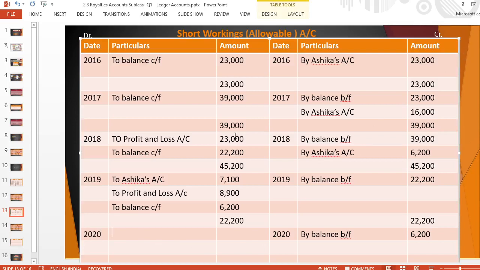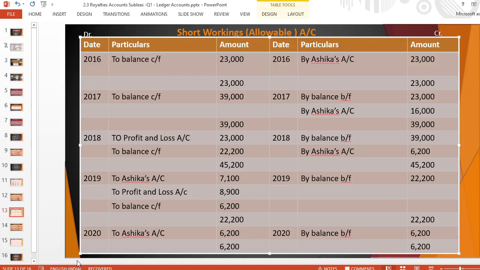As far as recoupment, we know that the journal entry is Sub-Lessee's account debits to short working allowable account. So here the entry is to Ashika's account. So the entire 6,200 rupees is recouped. So the total is 6,200 on the debit side and 6,200 on the credit side. So there are no further transactions here.